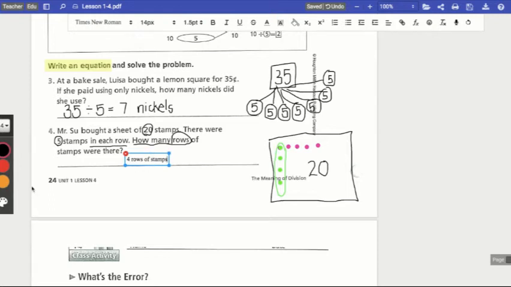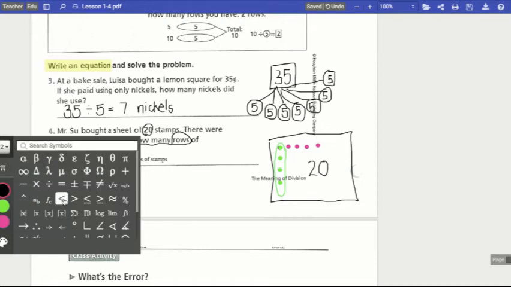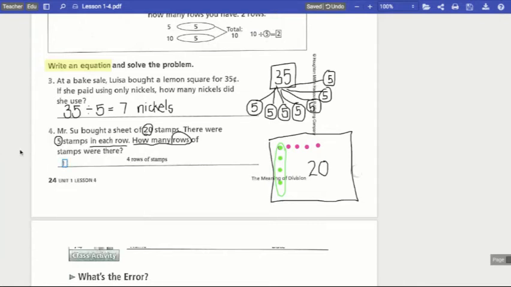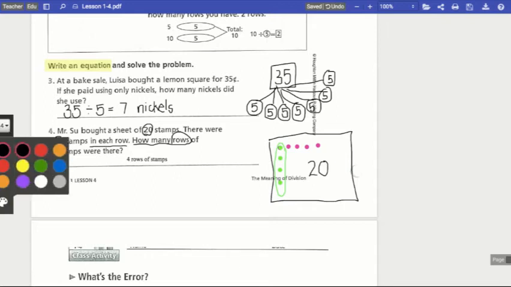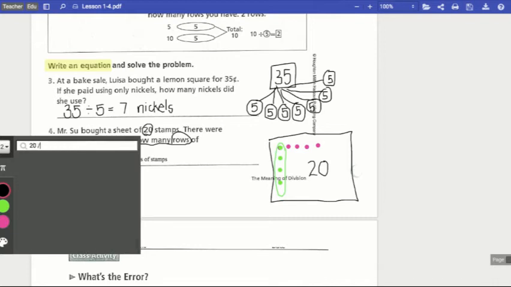Very good. Now the part that I skipped on us was our equation. Somehow I'm supposed to be able to write this equation for you guys.